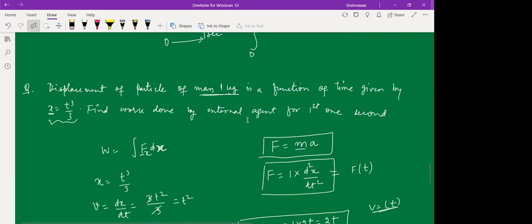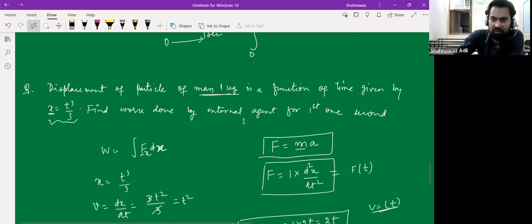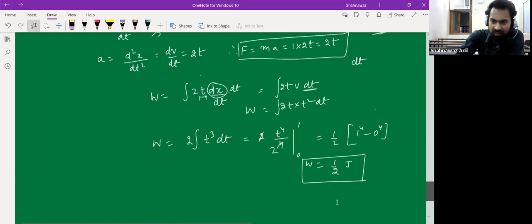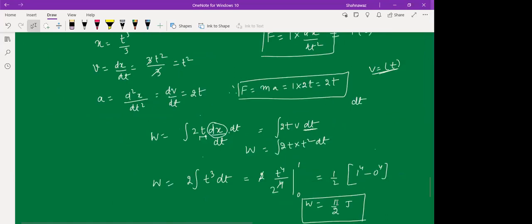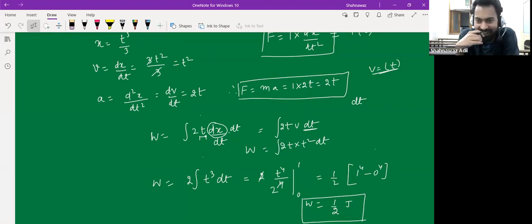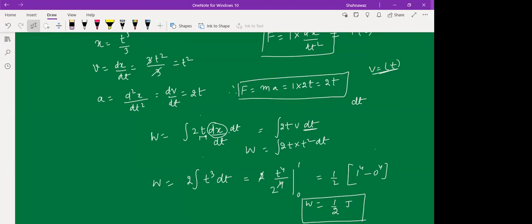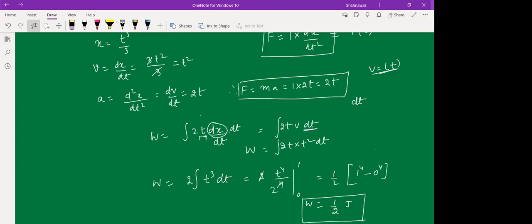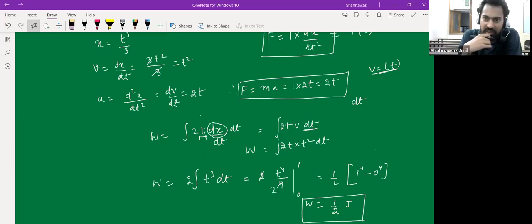I wrote it as J. I gave the answer in vector form, but it was not a vector, J stands for joules. Okay, so 5 joules. Yes, sir. I'm recalculating again, let me check. Okay, please check that.